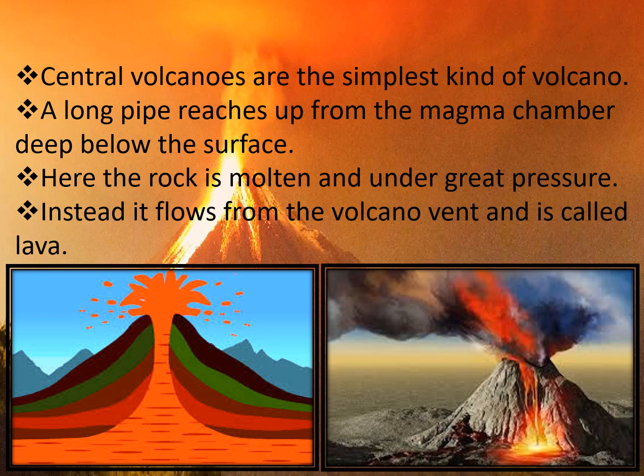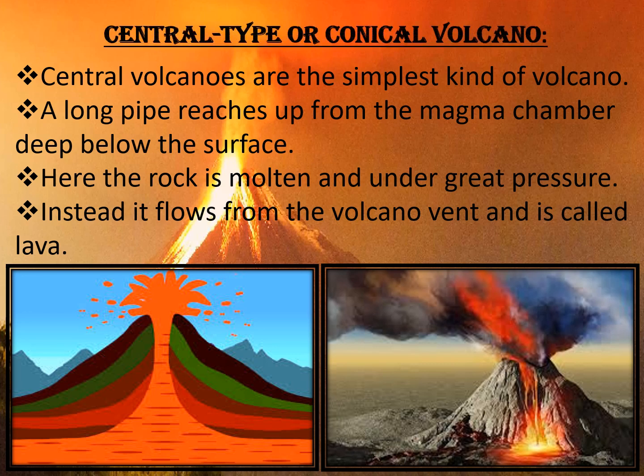On the basis of the type of eruption, volcanoes can be divided into the following types. The first one is the central type or conical volcano. During the eruption, students, the molten magma comes out through a pipe-like vent inside the earth's surface. The lava spreads around the mouth of this vent when it comes out.